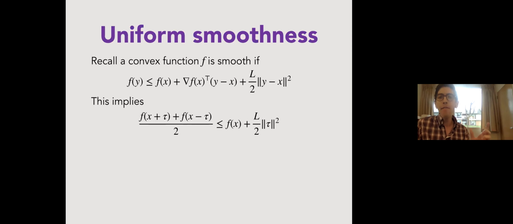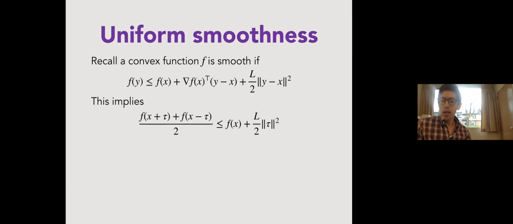In other words, the average of f of x plus tau and f of x minus tau is less than or equal to f of x plus a quadratic term that scales with tau. This second line is just a trivial application of the first line if I choose y equal to x plus tau and x minus tau. So this is a consequence of smoothness for convex functions.